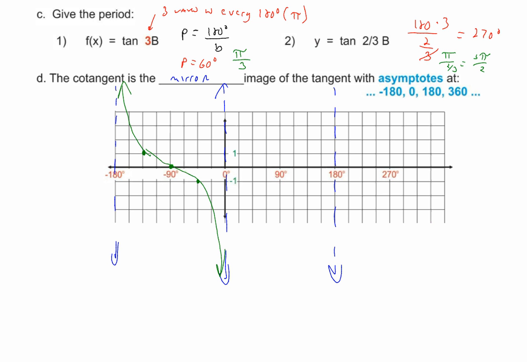So both the tangent and cotangent are discontinuous. They have asymptotes. Their domains have values that the domain does not contain. So if you're going to write the domain here, you'd have to say the set of all x such that x does not equal 0, right?